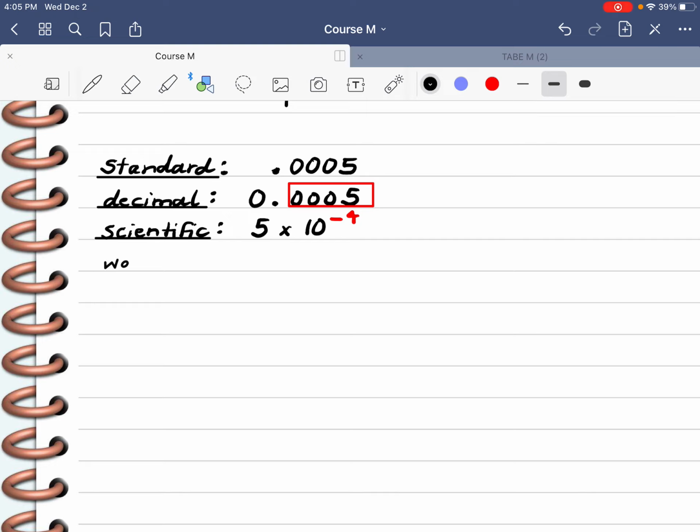Word form. This one's tricky, I know, dealing with decimal places. We know that it's 5, so let's count our places. You have the decimal, then you have tenths, hundredths, thousandths, 10,000ths. 5 10,000ths.